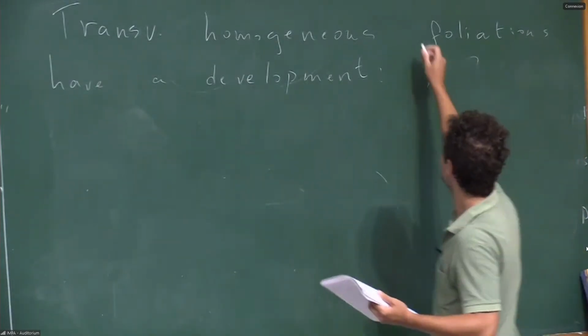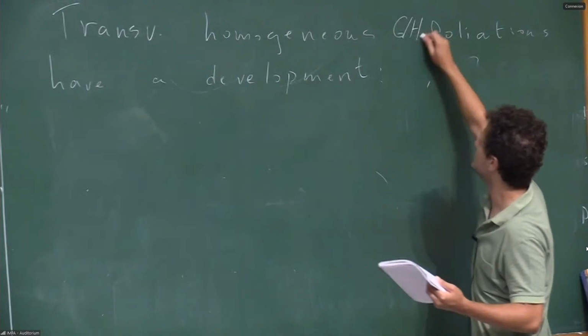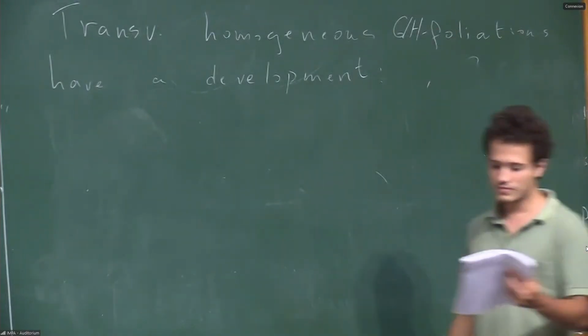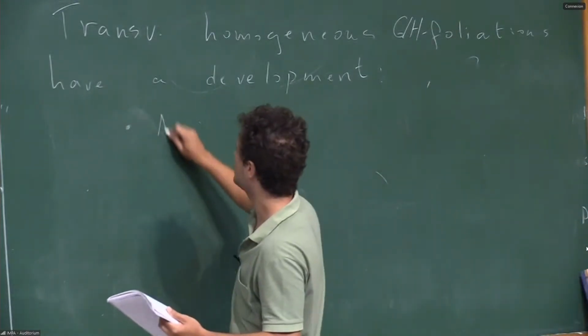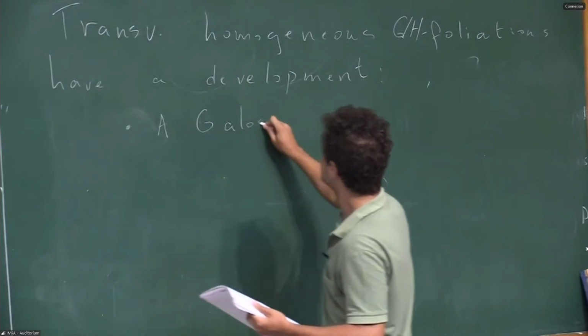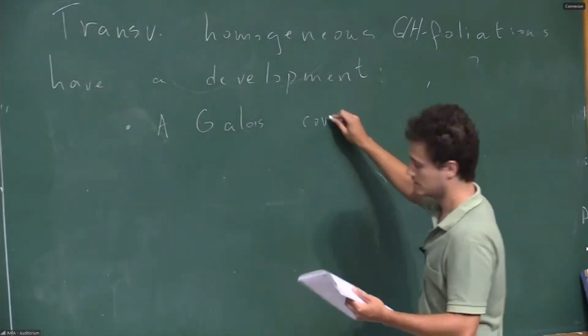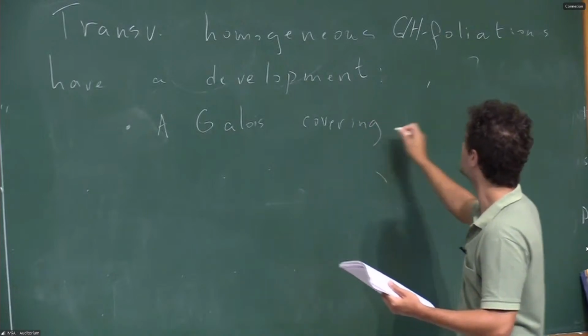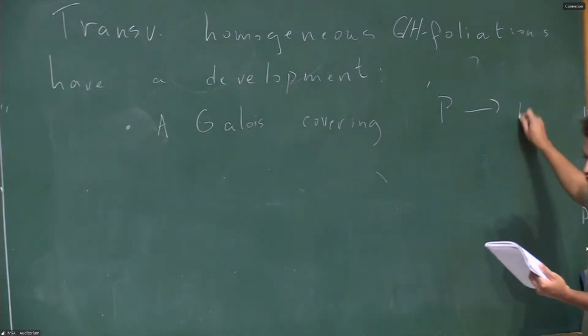So let me just say the space is G/H. We have a Galois covering P to the manifold.